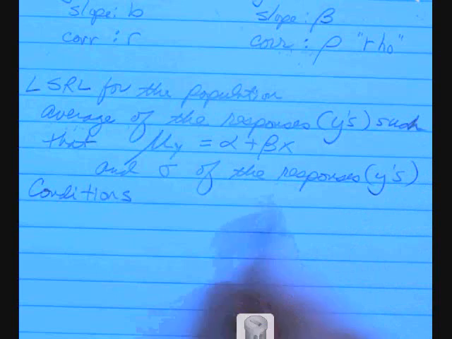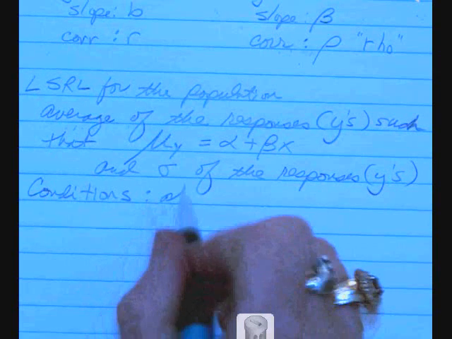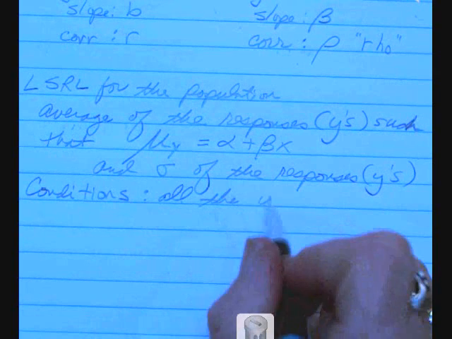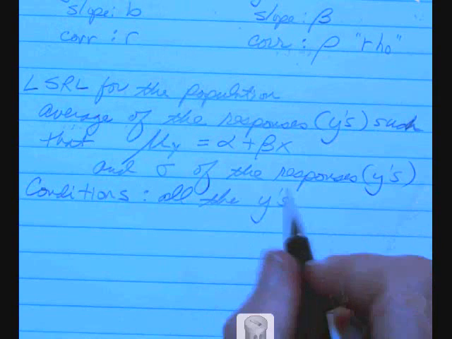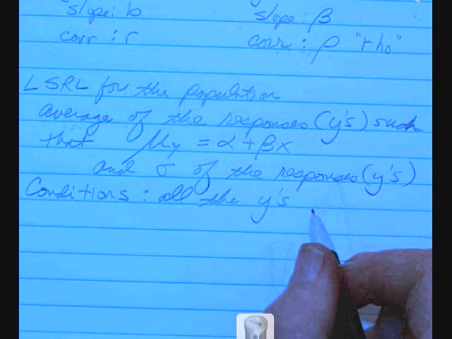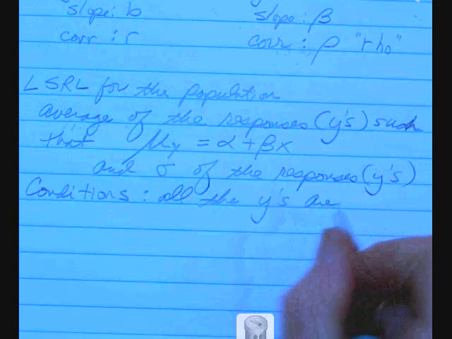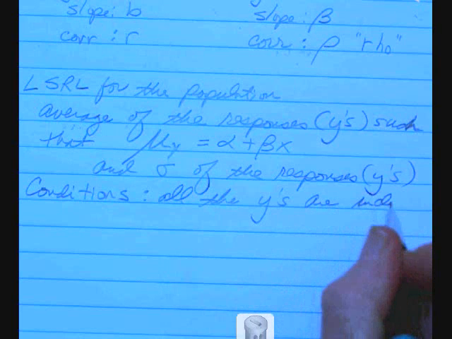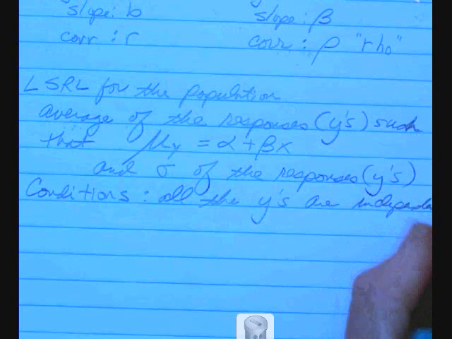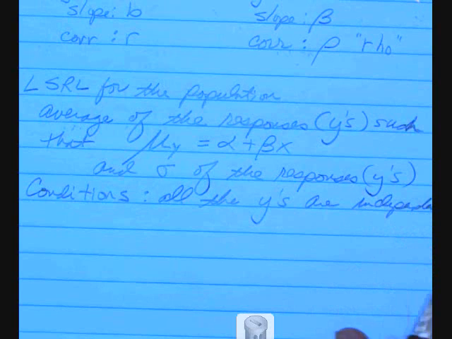First condition: all the responses, all the y's of the population, okay, are independent. So I need to go back and check what I'm measuring to check this condition. All right, so I've got this, what is it, fat gain?